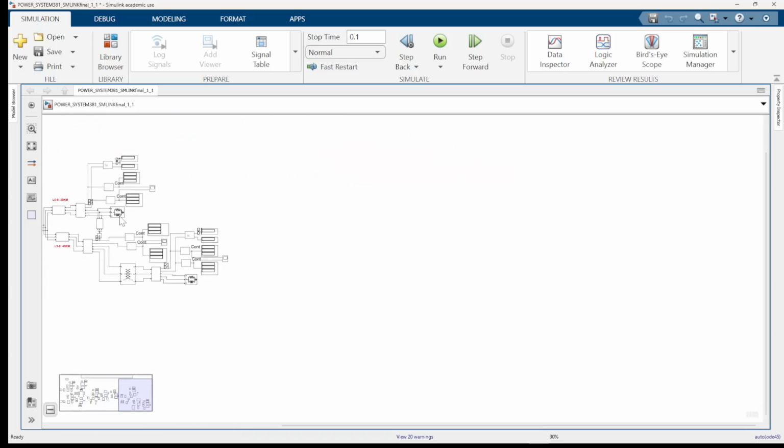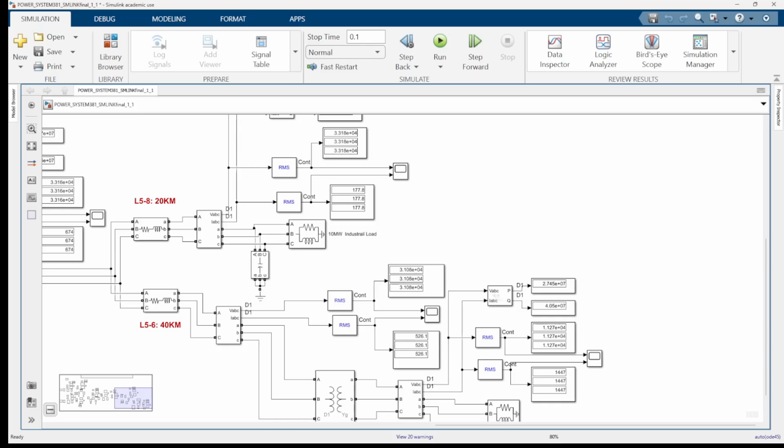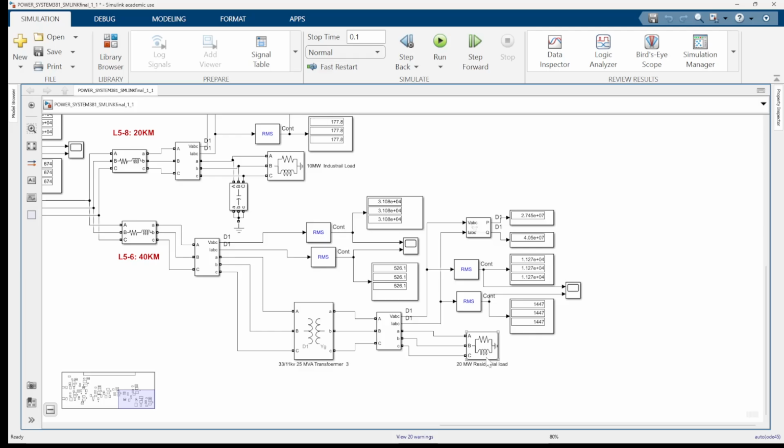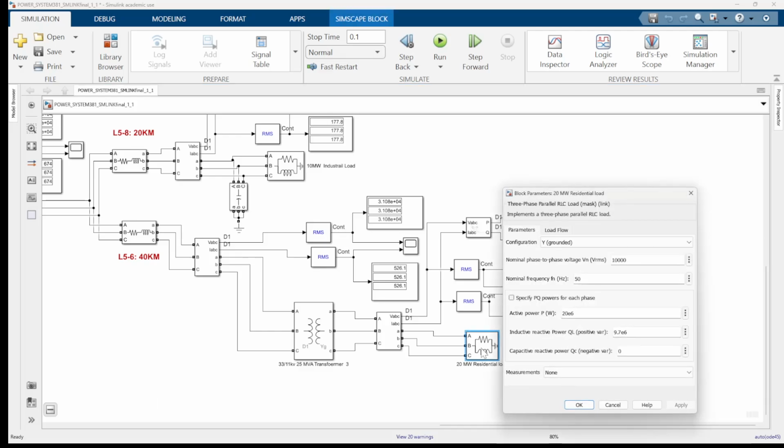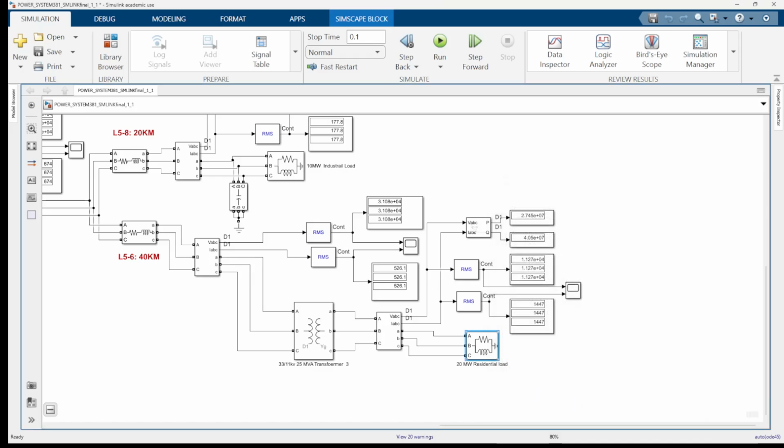Now moving into the load modeling, two major load centers are connected to the network. Firstly, the residential load is 20 megawatt at 11 kV. The nominal voltage should be 11 kV, so you can put this as 11 kV, and this residential load is running at a power factor of 0.9.